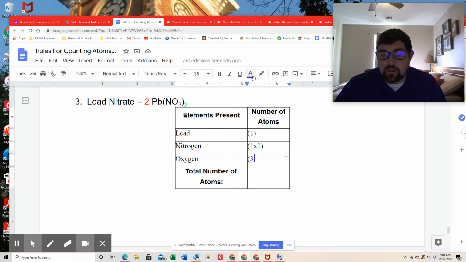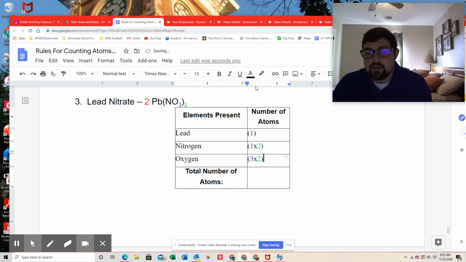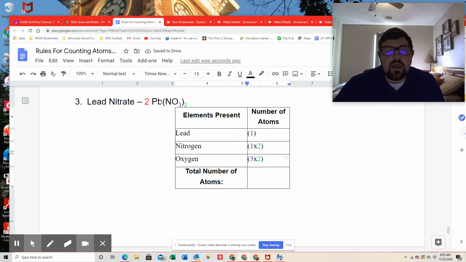And I'm going to multiply this oxygen also by 2 because I have 2 groups of nitrate in lead nitrate. So in 1 molecule of lead nitrate, this formula, I have 1 lead, because it's subscript, 2 times 1 is 2, because I have 1 nitrogen in 2 groups of nitrate, and I have 6 oxygen because I have 3 oxygen in 2 groups of nitrate in lead nitrate.